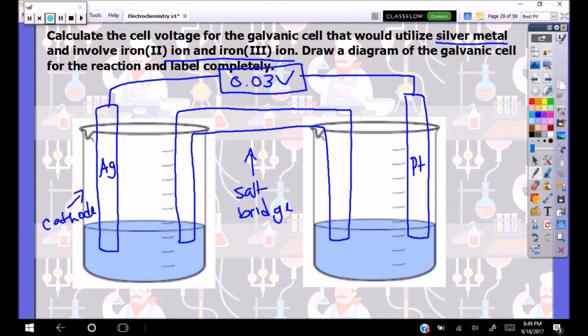Cathode. You have to make sure you label that. And if that's the cathode, then the other is my anode. All right. So which way do the electrons flow? Electrons should flow anode to cathode, right?